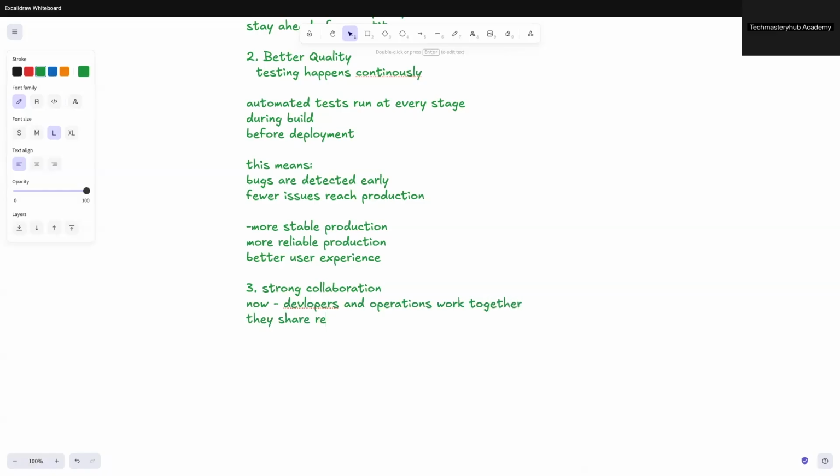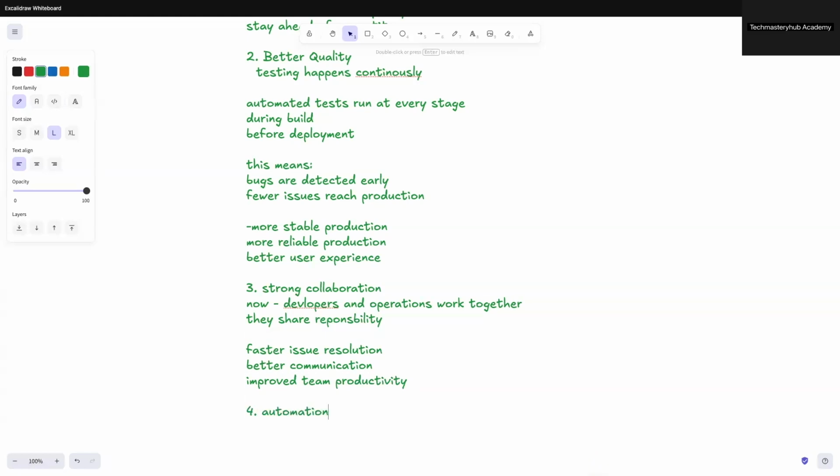They share responsibility. Instead of blaming each other, faster issue resolution, better communication, improved team productivity. So this is the third benefit.